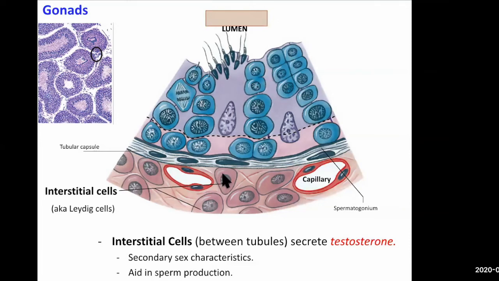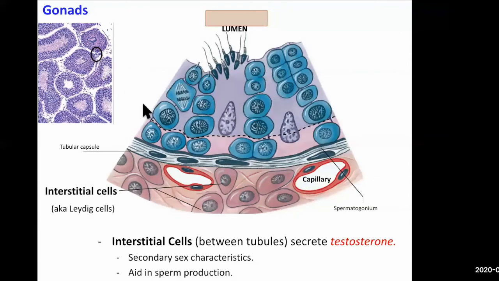So the testosterone produced here can go into the capillaries to be circulated throughout the entire body, and especially during adolescence, it's going to have those secondary sex characteristic effects. And the nerve cells will eventually get to them and also influence the production of the sperm itself. So those are the interstitial cells, sitting outside those tubules, secreting testosterone. Those are the three types of cells within the testes.